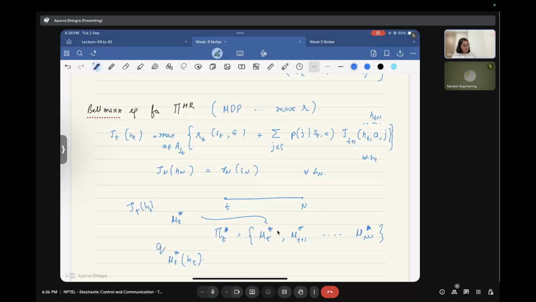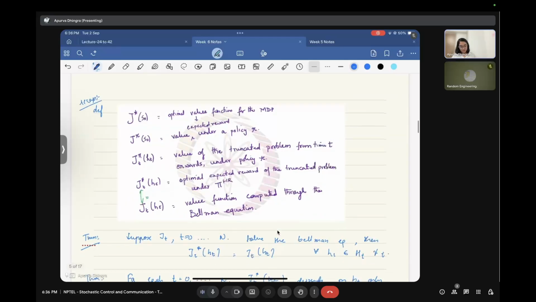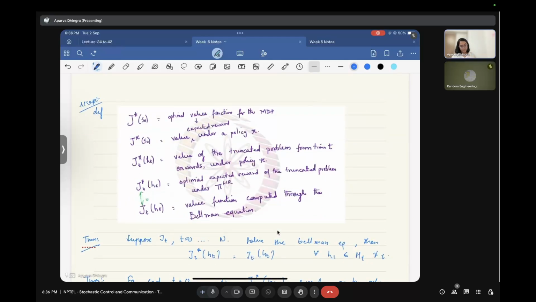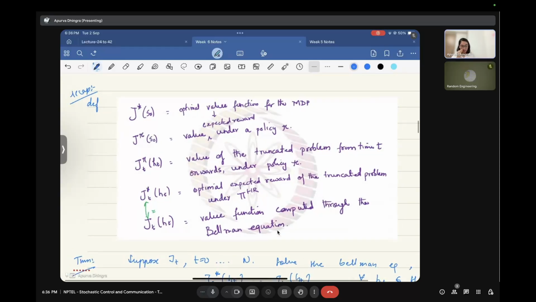So now, a few definitions. There are so many different J's that we have seen throughout, so this is more like a recap of what all of these things are. We defined this J star of S0 just now. This is the optimal value of the whole MDP, where we are just putting one constraint, which is that it's starting from state S0.